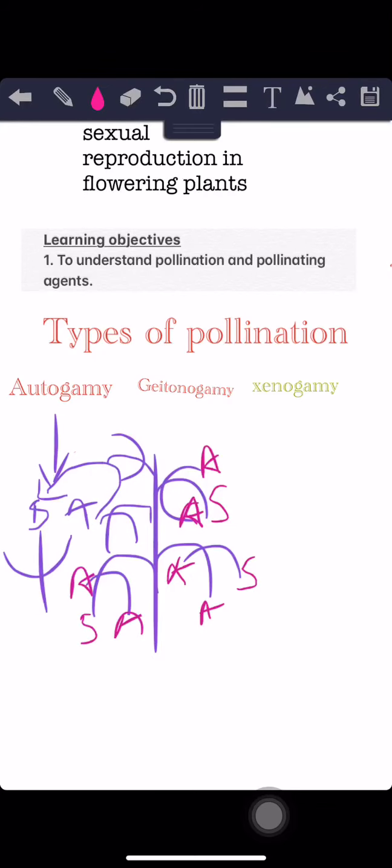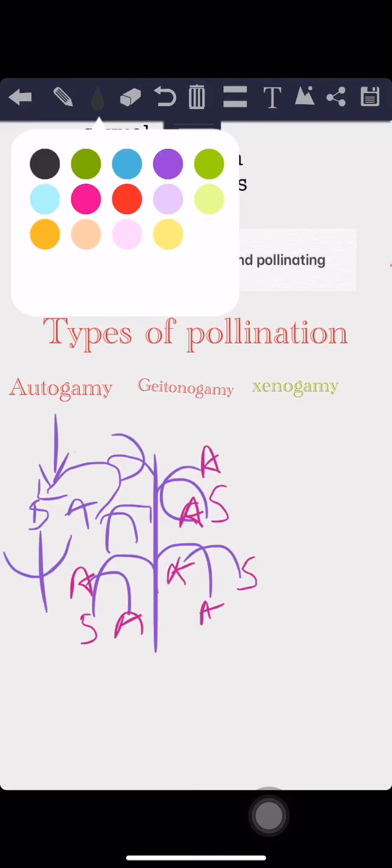Now what happens? The transfer of pollen grains takes place from the anther to the stigma of another flower of the same plant. Similarly, here it transfers from the anther of one flower to another flower of the same plant.